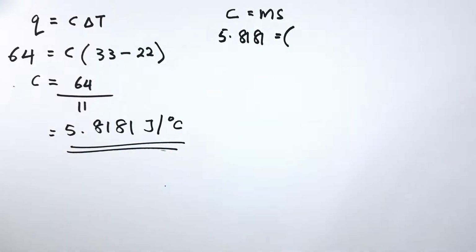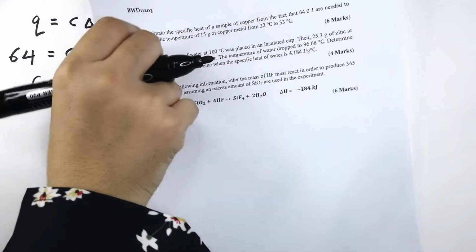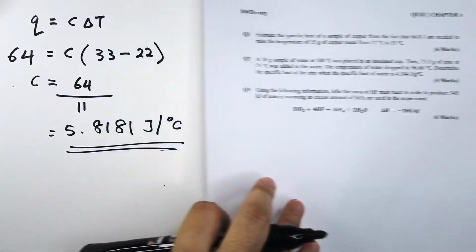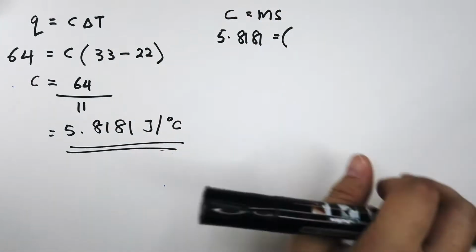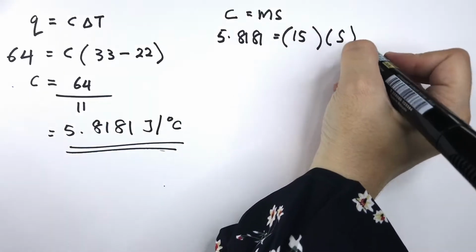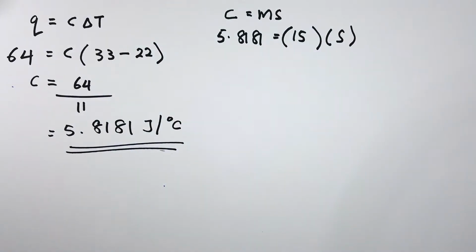The mass in the question is given as 15 grams of copper. So 15 times S, which is the thing that you want to calculate.